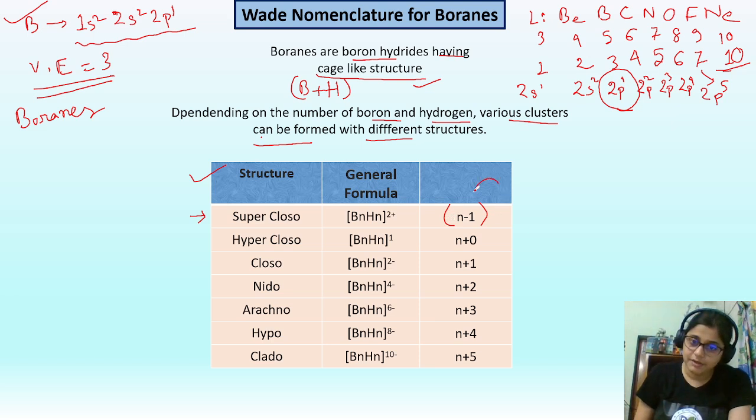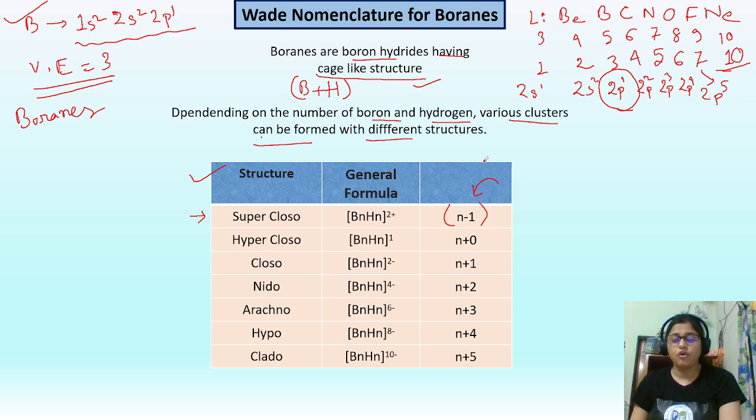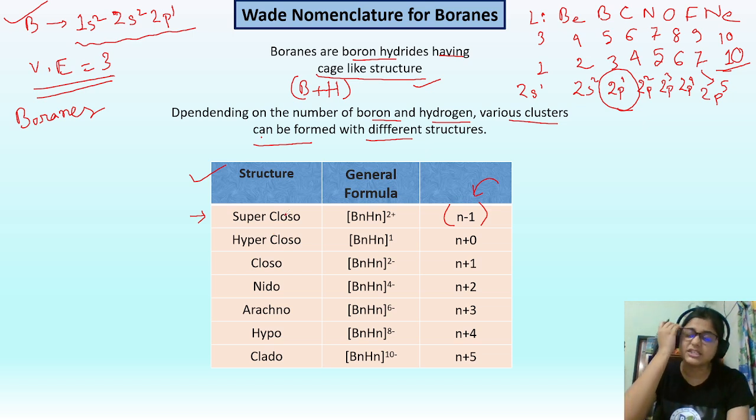It will be helpful in calculation, when we are determining a structure, like when a formula is given to you and you are asked what is the type of structure of this boron cluster. That time this is needed.